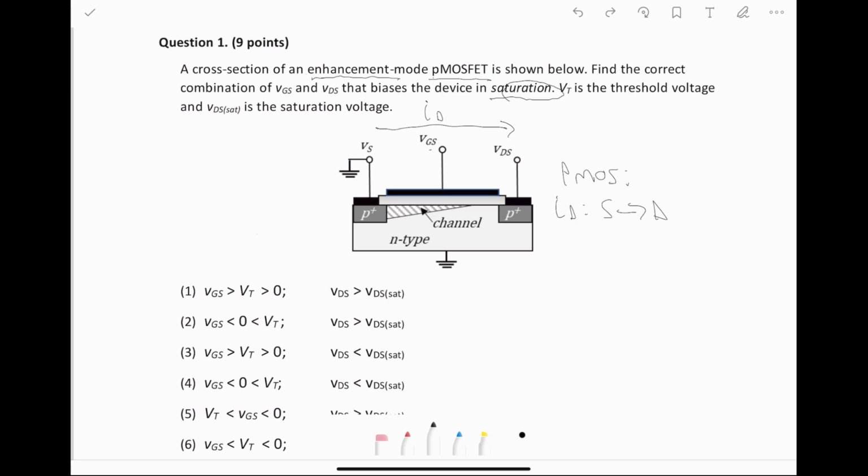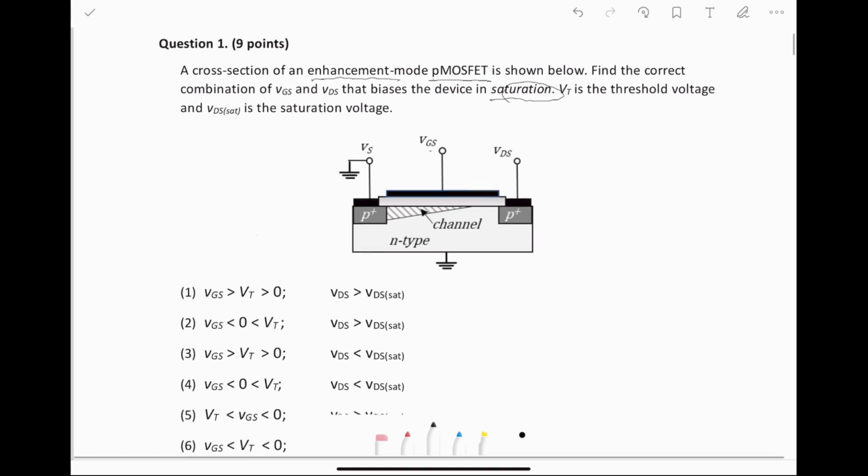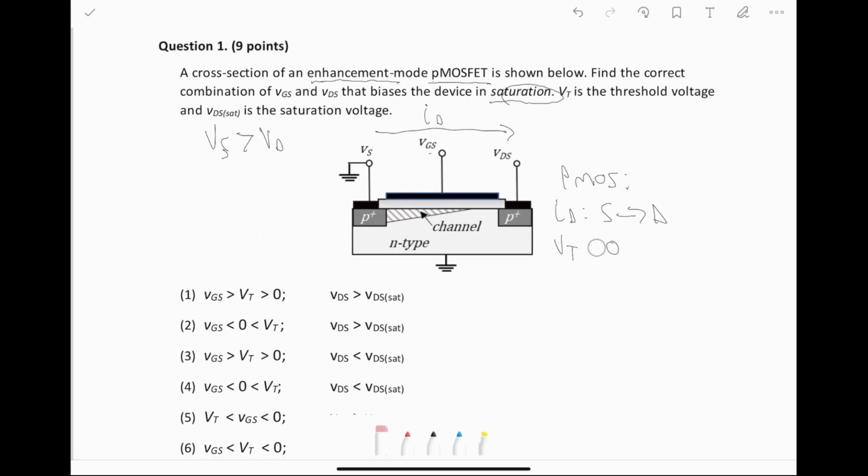If that's the case, we know that Vs must be greater than Vd. The other thing we know, since it's enhancement mode and PMOS, is that the threshold voltage is less than 0. If it was depletion mode and PMOS, the threshold voltage would be greater than 0, but it's not, it's less than 0.